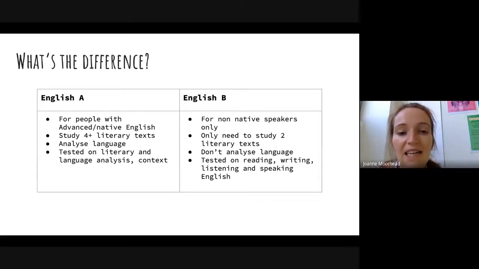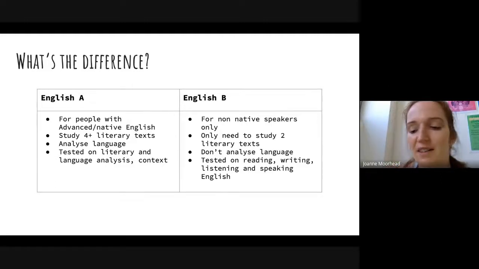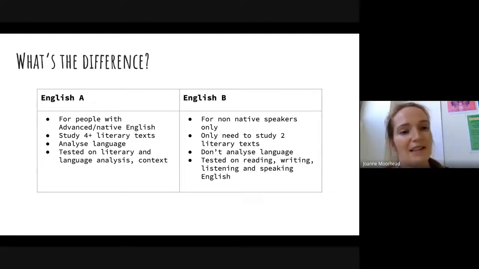And then finally, in English A, you'll be tested on your language analysis, and in English B, you are tested on the 4 traditional skills: reading, writing, listening, and speaking. Having said this though, English B is just as difficult as English A. One is not better than the other, and people have different reasons for studying them.